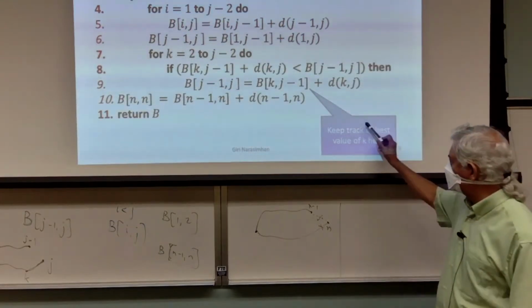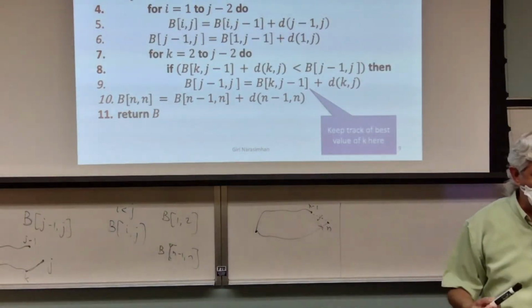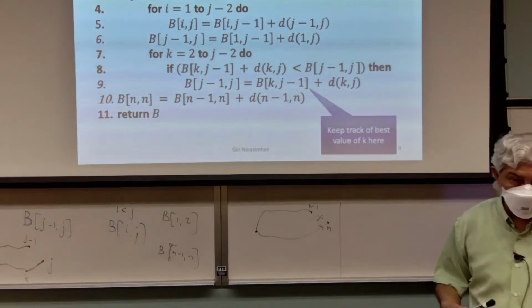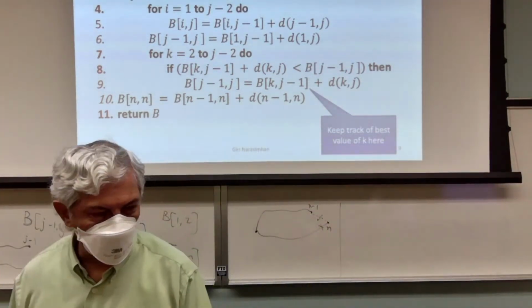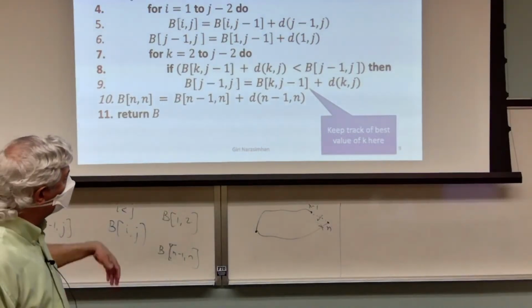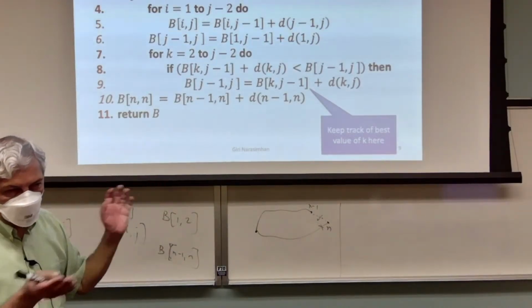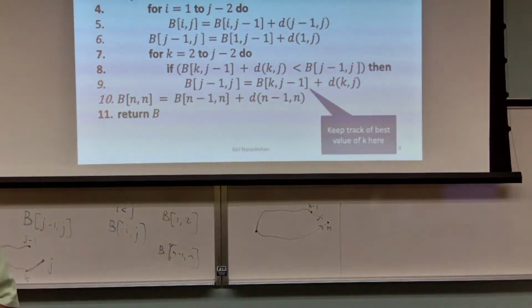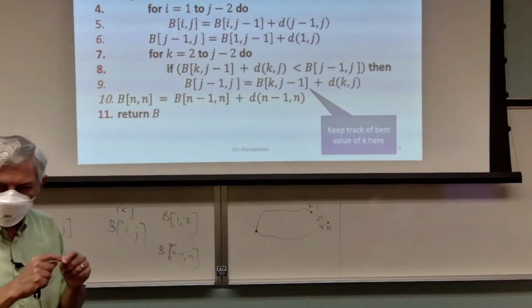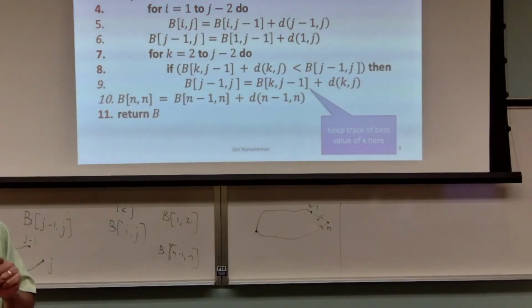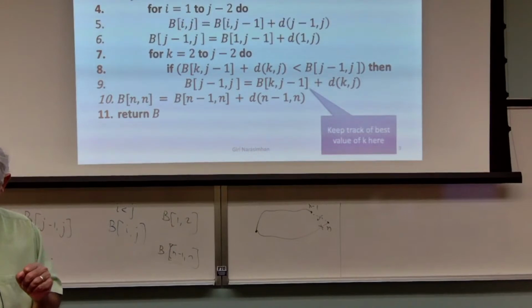So really the trick is to keep track of the k that was the winner, the one that caused us to update the formula. And once we do that, you can reconstruct the tour, because from bnn, you'll go to bn minus 1n. That'll tell you which k you used and where you went. Once you do that, part of the tour becomes easy, right?